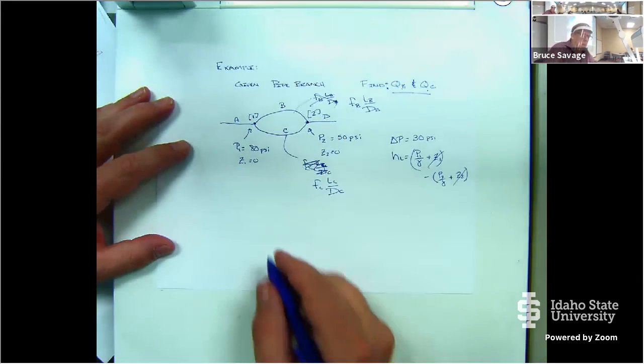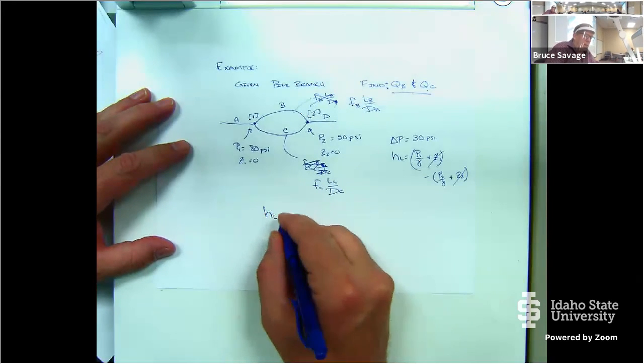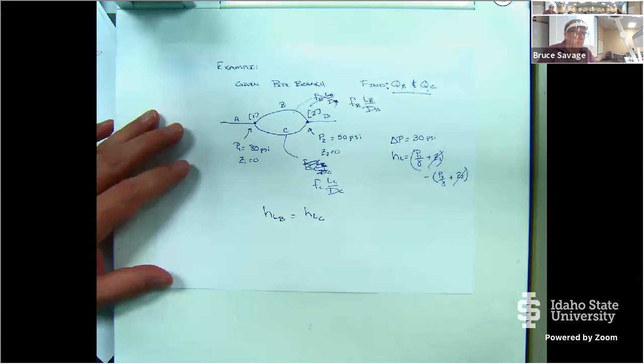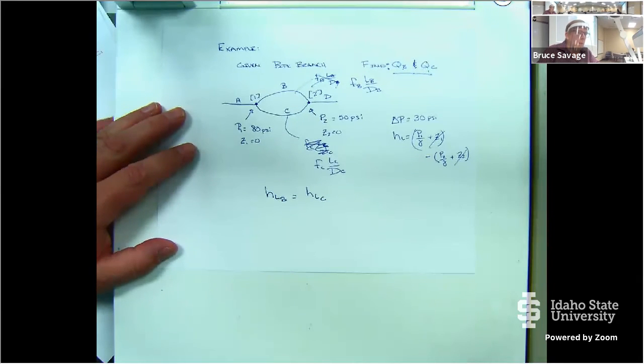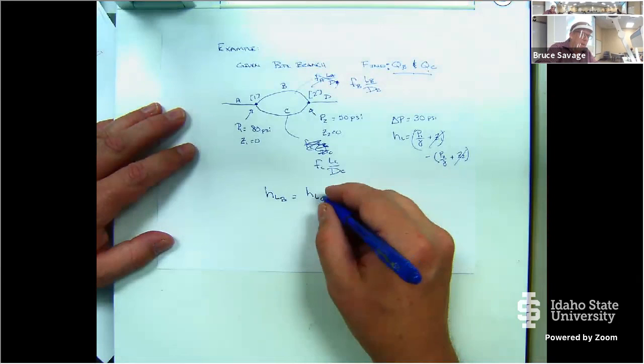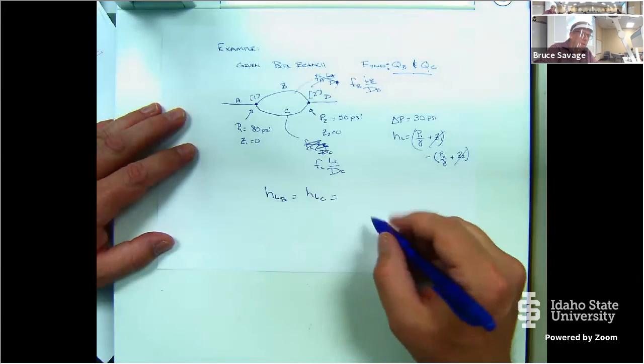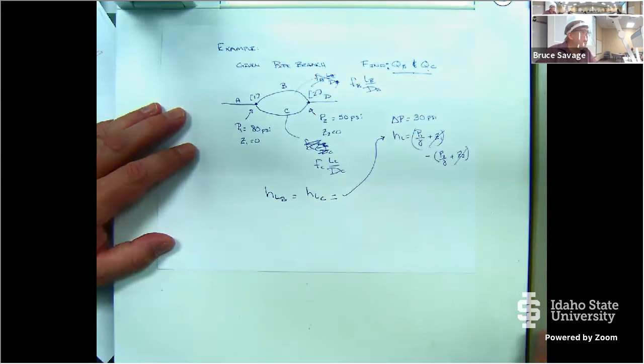What I do know is that the hydraulic grade line, or the head loss in B, has to equal the head loss in C. And I also know that the head loss across each one has to equal that right there.